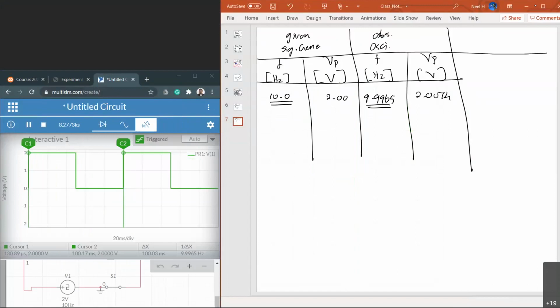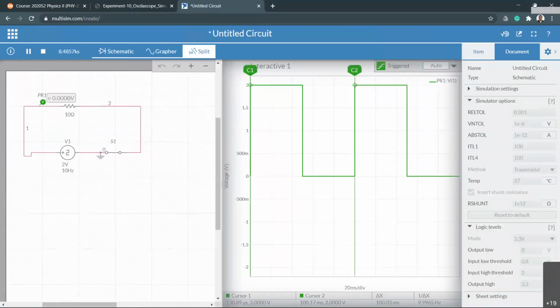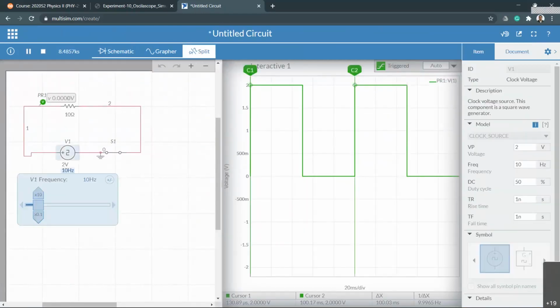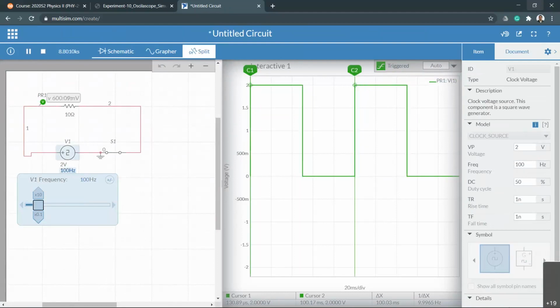Okay, margin of error. All you have to do now is change the frequency again. We started at 10, then we go 100, 1000, and so on. Let's change this into 100. Hit the enter button.